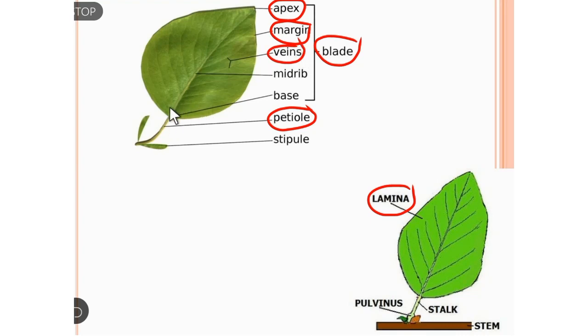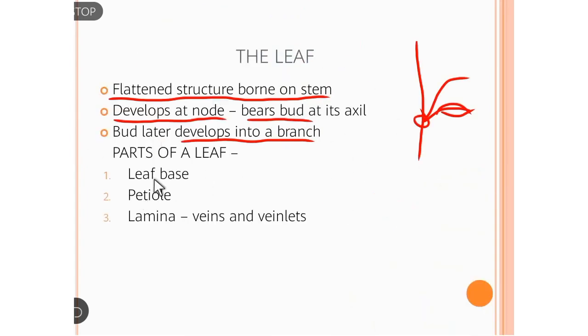And this portion here is the base of the leaf. So in general, a leaf has a leaf base, a petiole, a lamina which contains veins and veinlets, which is nothing but the vascular supply to the leaf, which provides water and minerals.